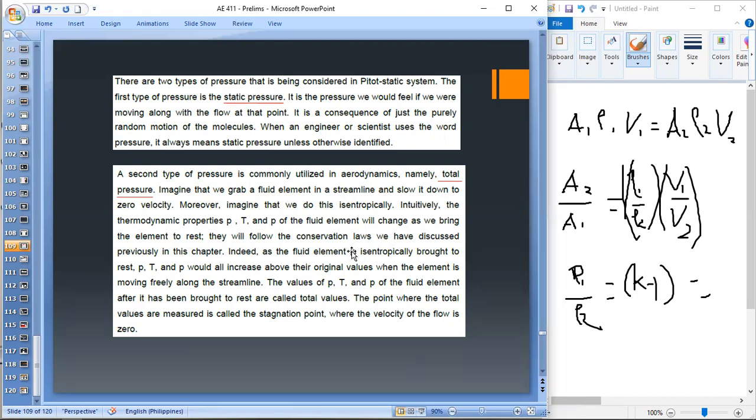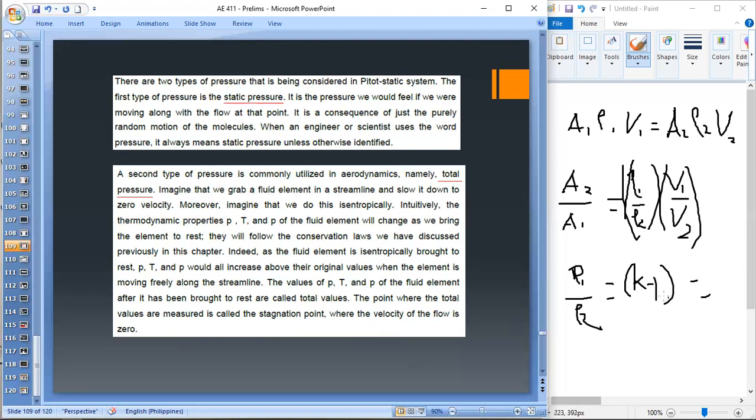They will follow the conservation laws we have discussed previously, as the fluid element is isentropically brought to rest. Your parameters would all increase above their original values when the element is moving freely along the same streamline. So the values of the thermodynamic properties of the fluid element as it has been brought to rest are called total values. So wala kang velocity doon.